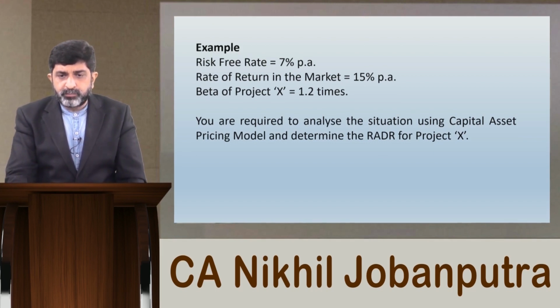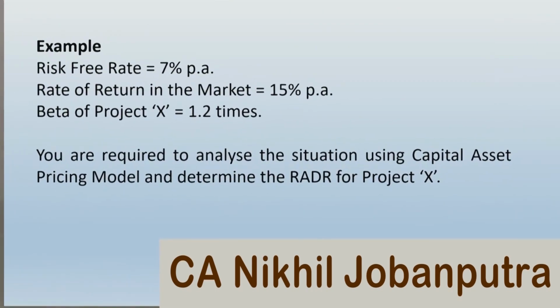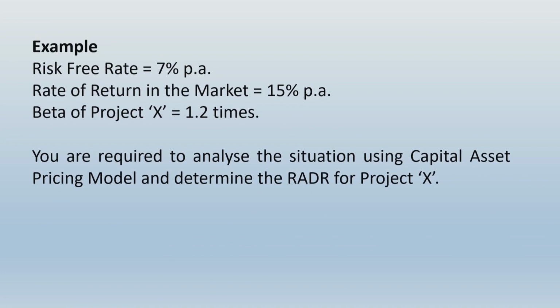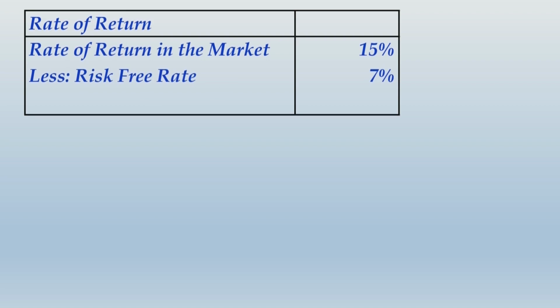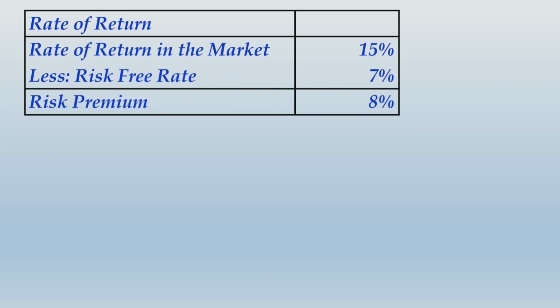So let us write some conclusions out of what we have discussed. Please pay attention to the screen and write this down. As I have explained already, the rate of return prevailing in the market is 15%, the risk-free rate is 7%, so the risk premium will be 8%.